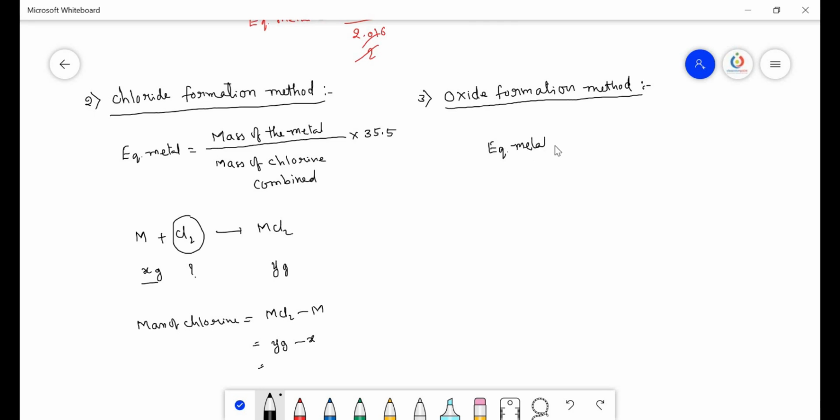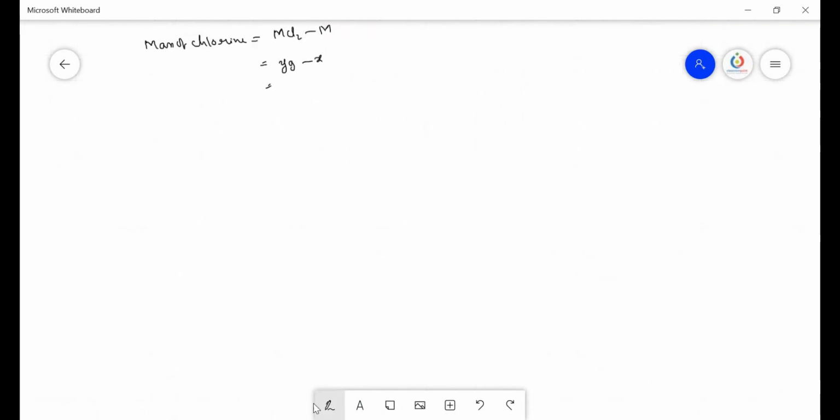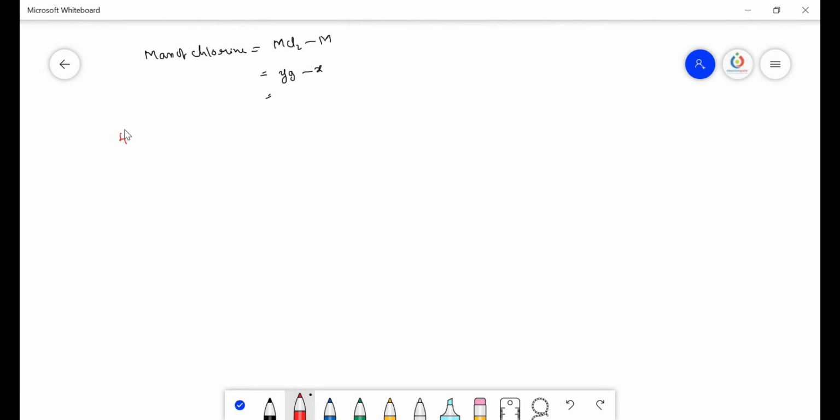Equivalent mass of the metal is equal to the mass of the metal divided by the mass of oxygen combined, into 8. 8 is the equivalent mass of oxygen. And there is one more popular method, that is the conversion method.